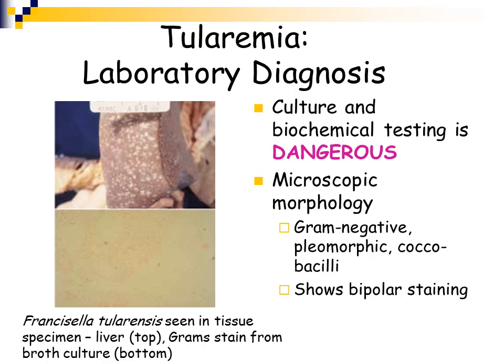So culture and biochemical testing is dangerous. This is an organism you need to work on in a biosafety level 3 laboratory. Under the microscope, the organism is a gram-negative, pleomorphic, teeny tiny rod that shows bipolar staining. If it were in a clinical specimen and you didn't know it, you'd hopefully be working on the clinical specimen under a biosafety level 2 cabinet.